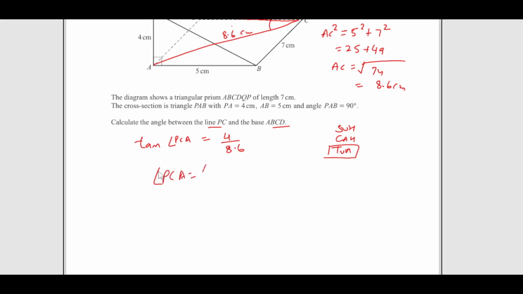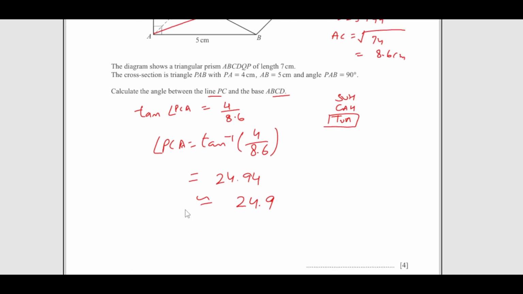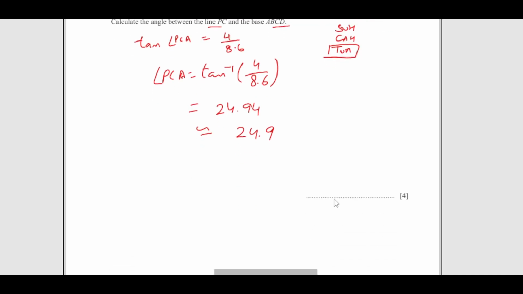PCA is going to be tan inverse of 4 over 8.6, right? So this is equal to 24.94, approximately 24.9. That's it for this one. So I can write it down here, 24.9 degrees.